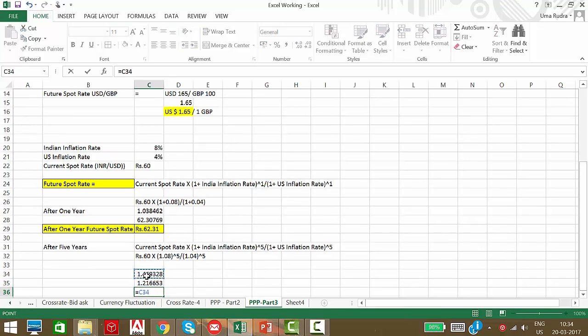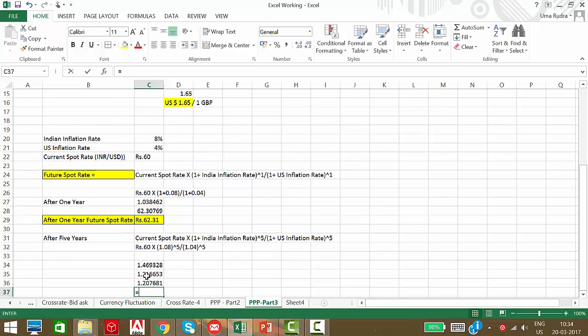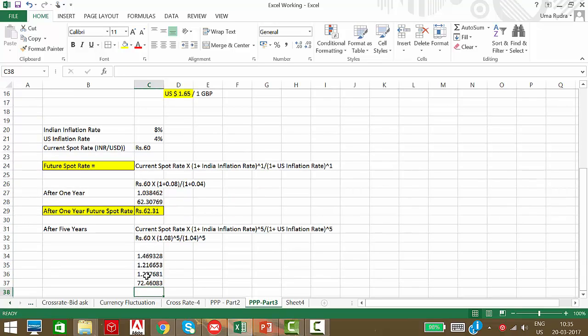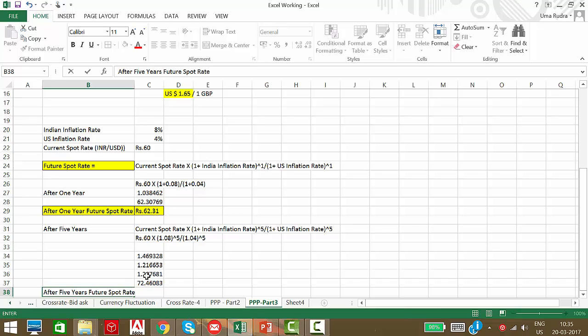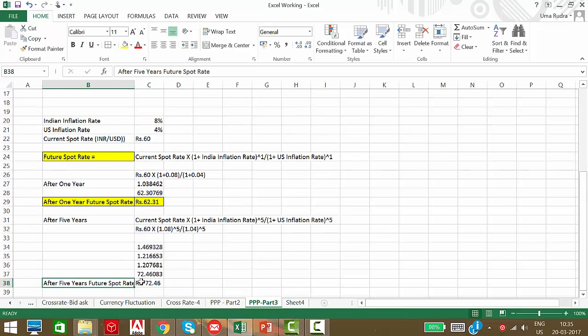So this divided by this, and the future spot rate is 60 into this ratio. So after 5 years, the future spot rate is rupees 72.46. Clear?